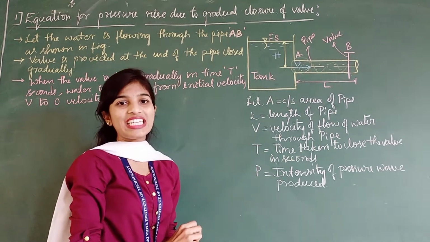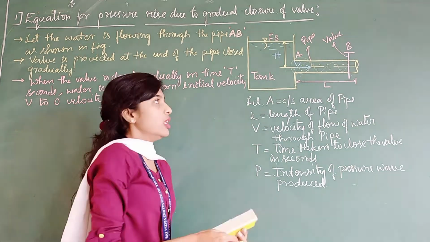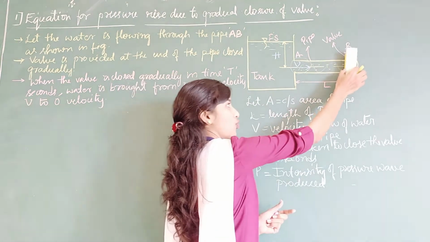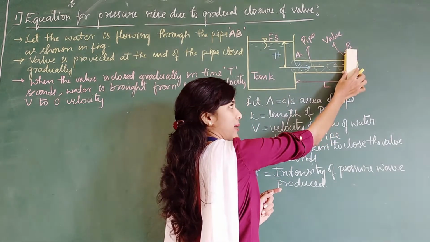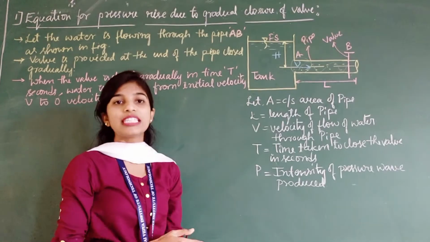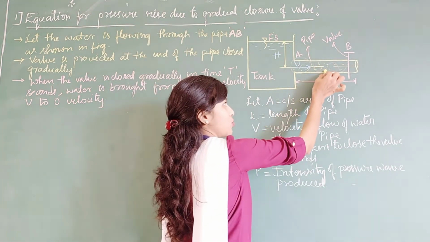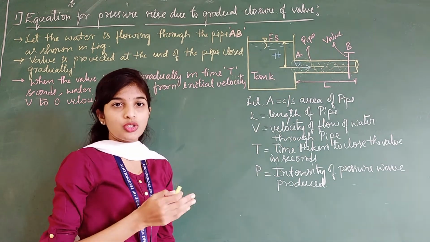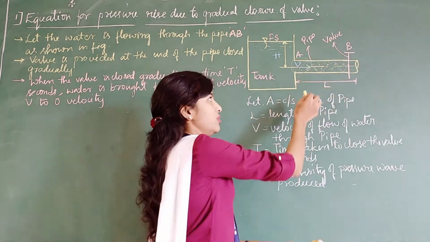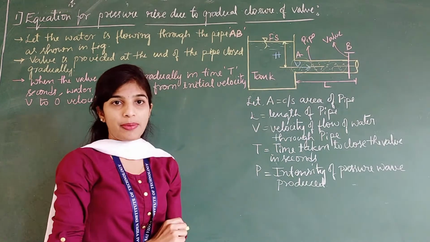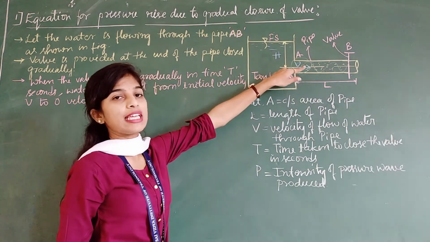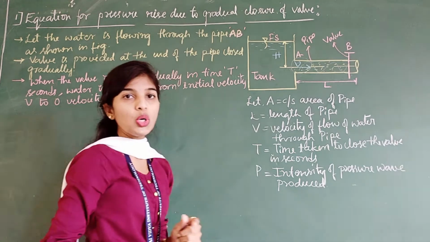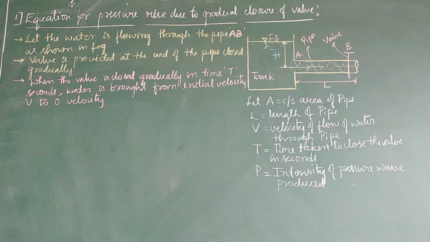That was the initial velocity. If you close the valve gradually, there is no flow inside this pipe and the velocity becomes zero. So the water flowing through the pipe AB with velocity v is brought to zero velocity.